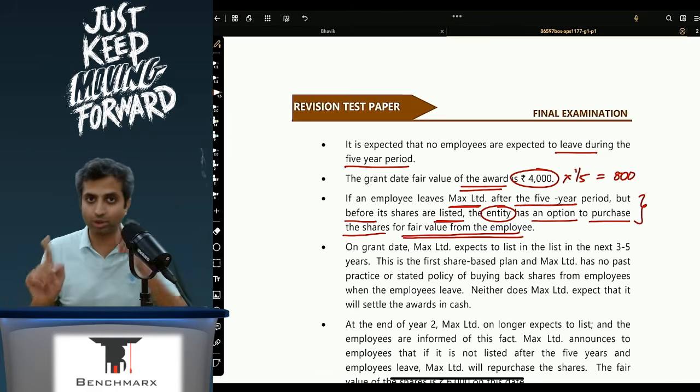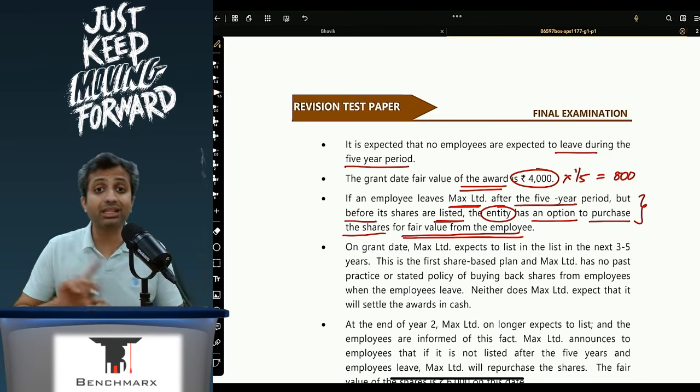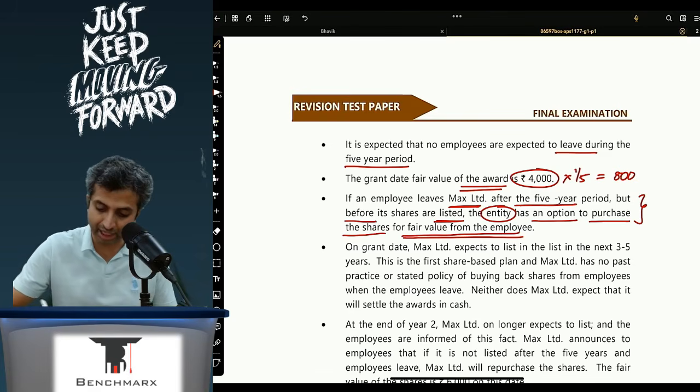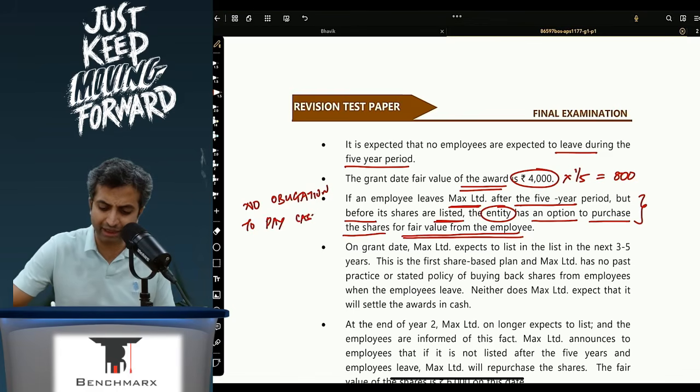If there's an obligation on the employer. Here the employer says that if I want, I may pay cash. However, there is no obligation on the employer to pay cash, and hence the plan still continues to be an equity settled plan, and hence the accounting will still be routed through the SBP reserve only.